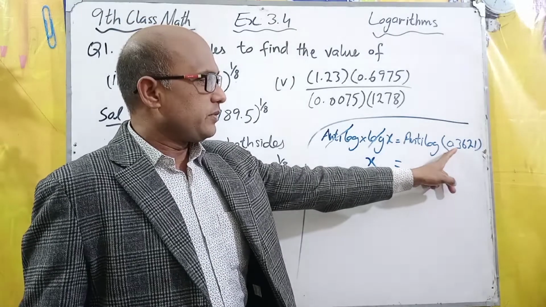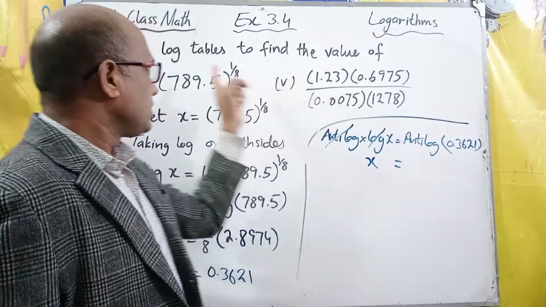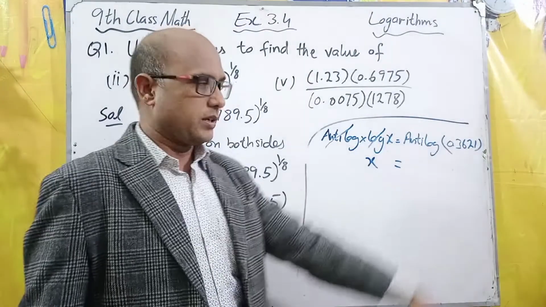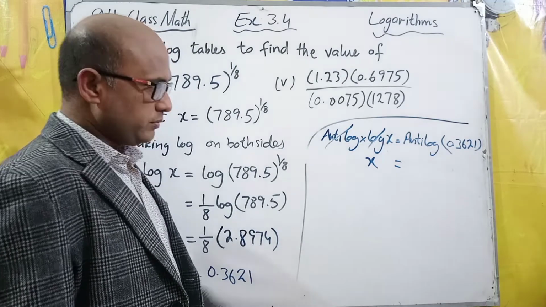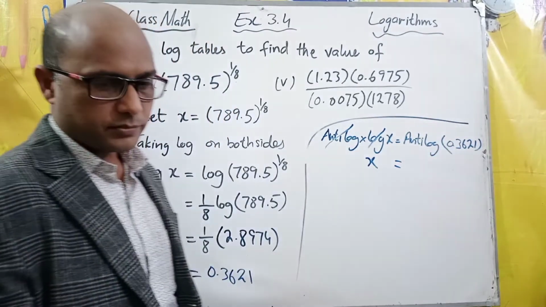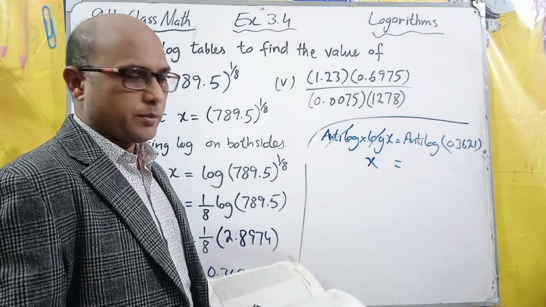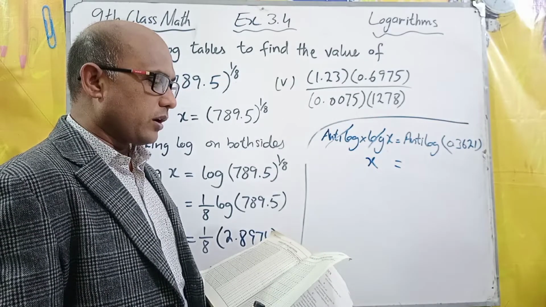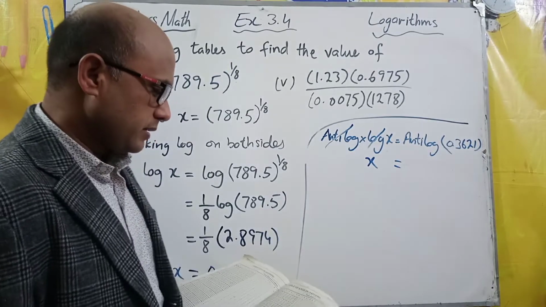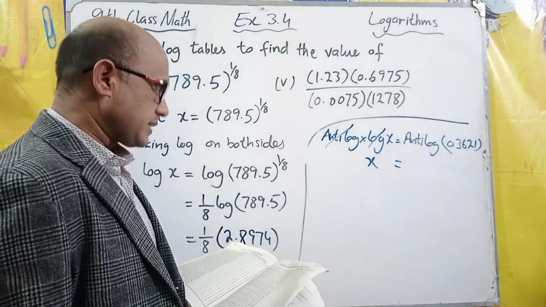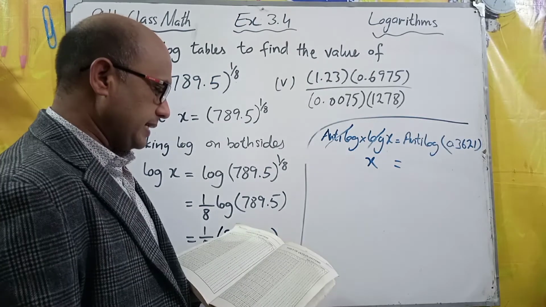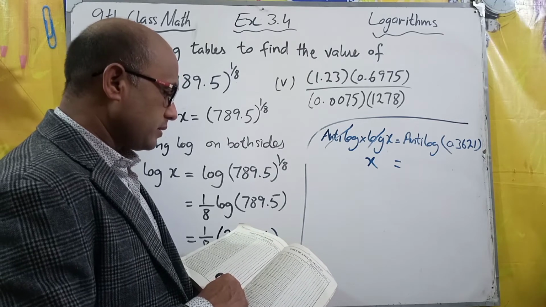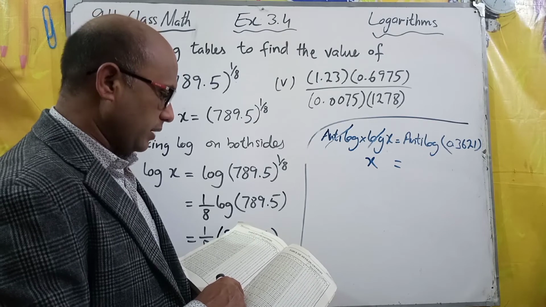Now, when we observe anti-log in the log tables, students, we see it in the table after decimal, means it will be 0.36. There are two tables behind the books. One is logarithmic tables and the other is anti-logarithms table. So students, here we have to see 0.36 in second table, you can say 36 in second table, 36 in second column.